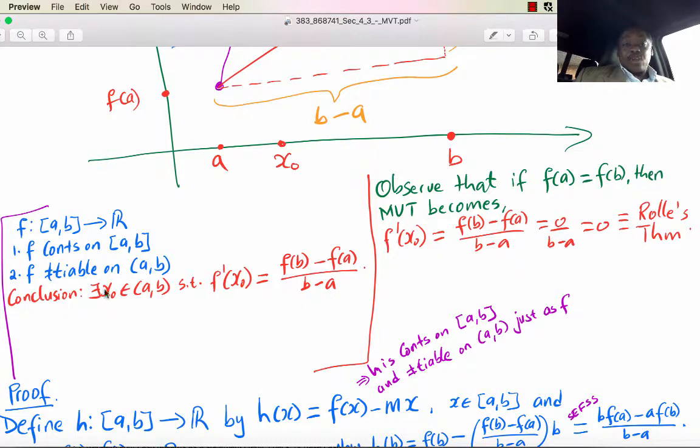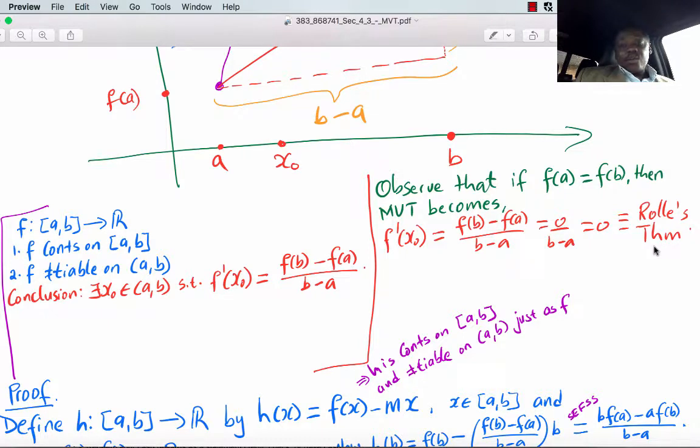Observe that we have one less condition than we did with Rolle's theorem. We had these first two conditions for Rolle's theorem, and we had a third condition that f of a equals f of b. Now, observe that if f of a equals f of b, then the conclusion of the mean value theorem becomes f prime at x0 equals f of b minus f of a divided by b minus a, which equals 0 divided by b minus a, which equals 0, and that is equivalent to Rolle's theorem.